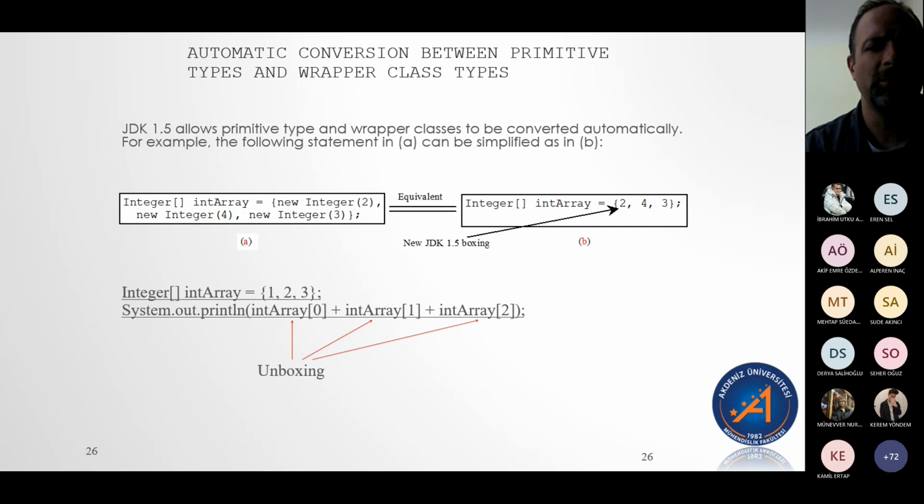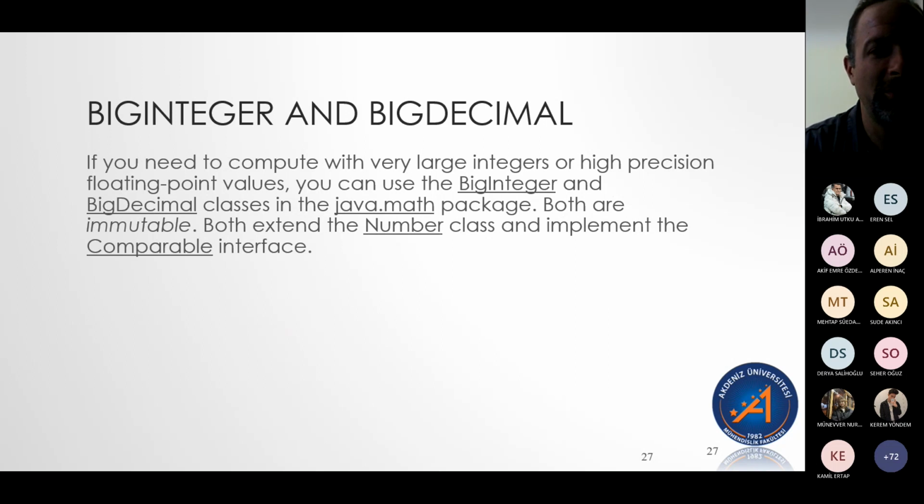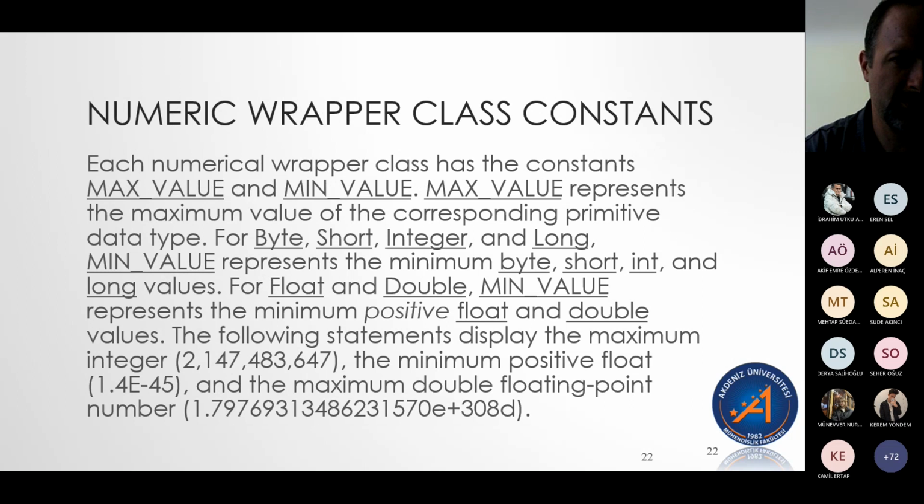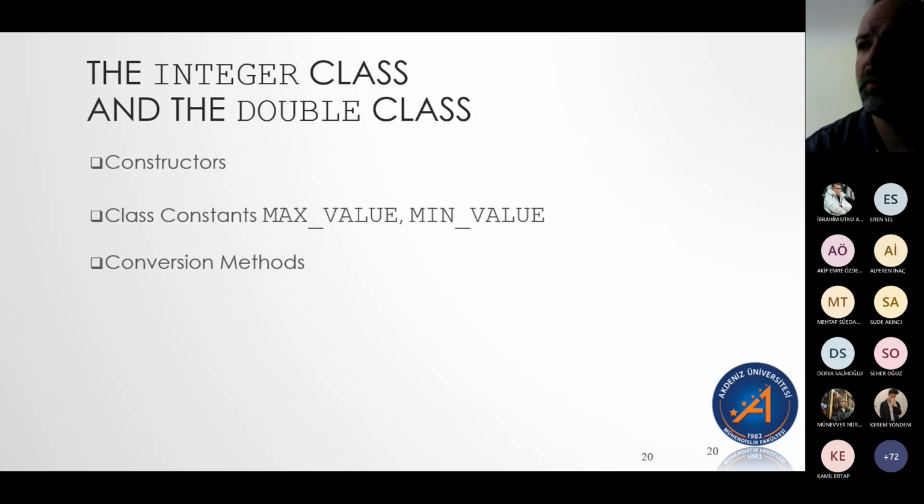The next slide we'll move into on Wednesday is BigInteger and BigDecimal, which are ways that we can represent much larger numbers. Remember that an int has a maximum value and a minimum value. It can't get above a certain amount. But what if I want to represent something bigger than that?